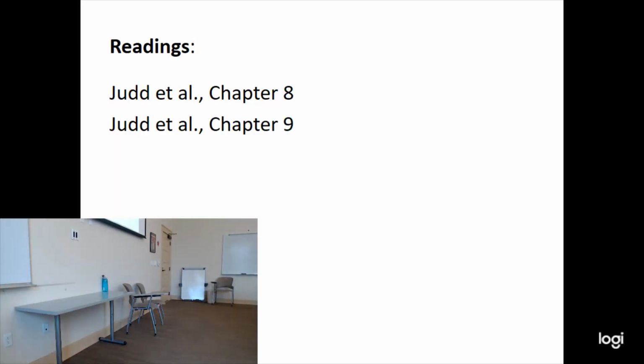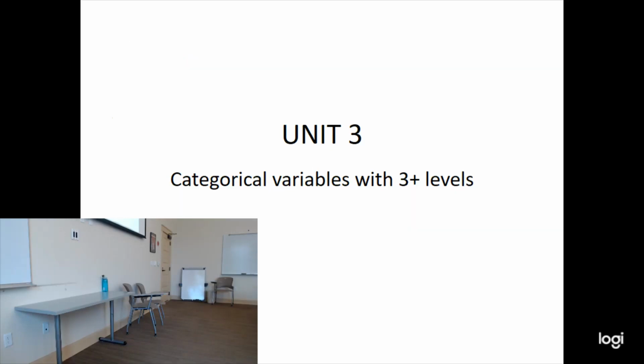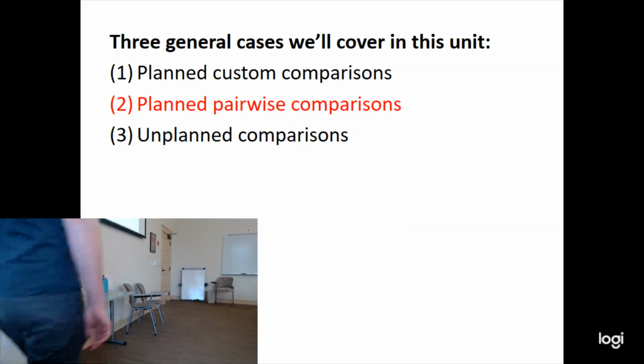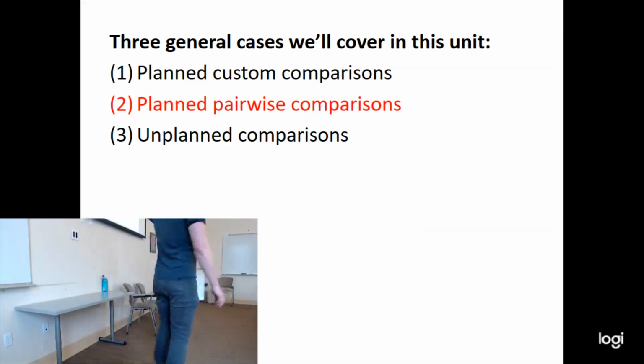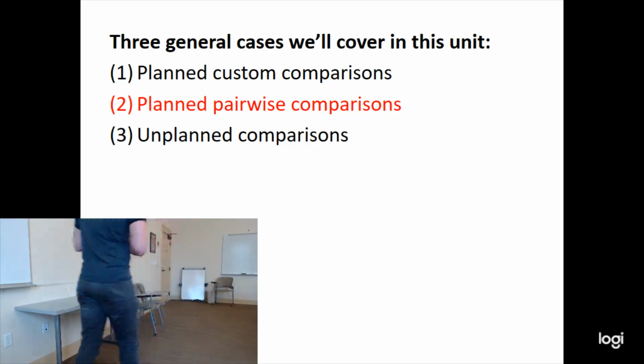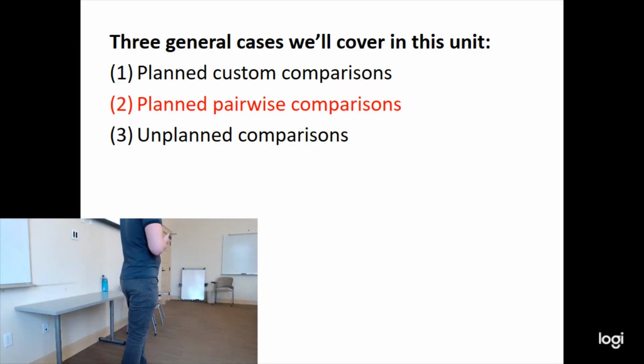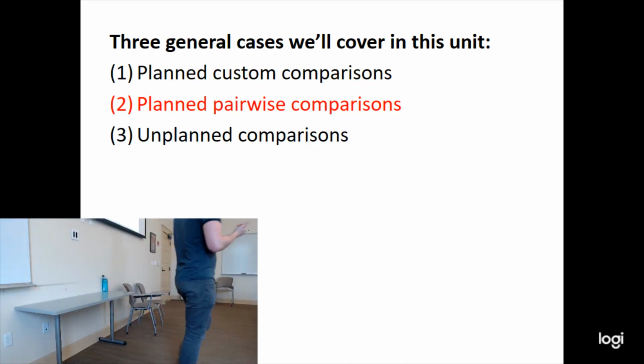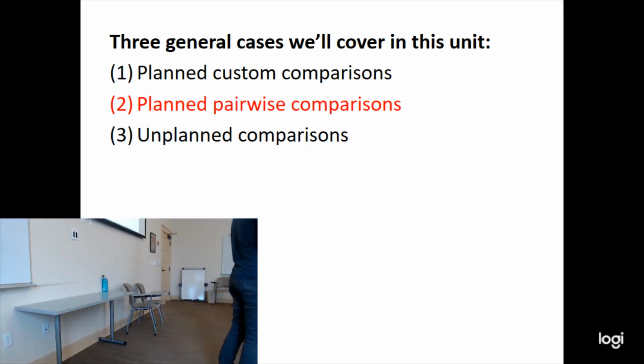There will be a different reading with that. I've been following along this schematic representation of different cases you might cover with categorical variables. So we finished our custom contrast unit. We're done with that. I might have one other example on Wednesday that deals with contrasts, custom contrasts.